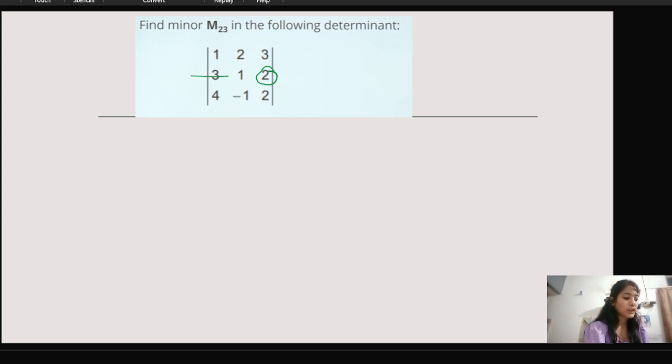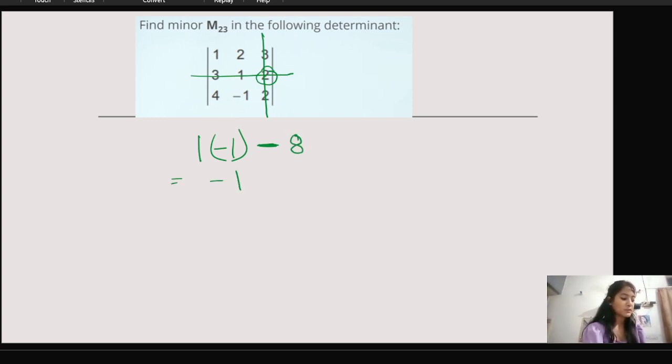So what we have to do is hide this row and this column, and then multiply this 1 by minus 1, 1 times minus 1, and here we put the minus sign, and 4 times 2, 4 times 2 will be 8, right?